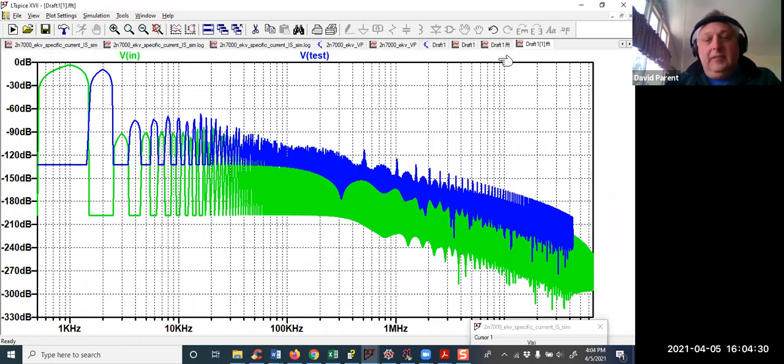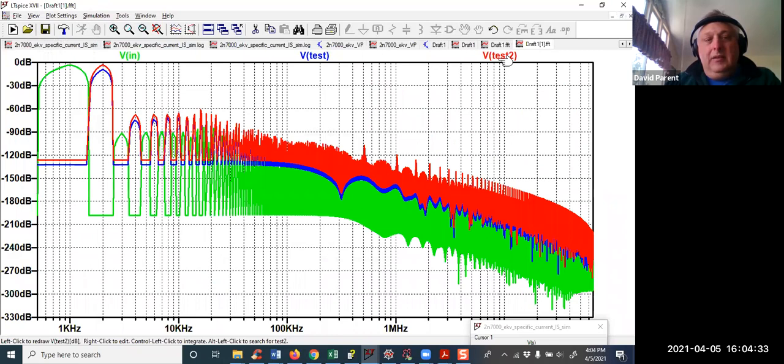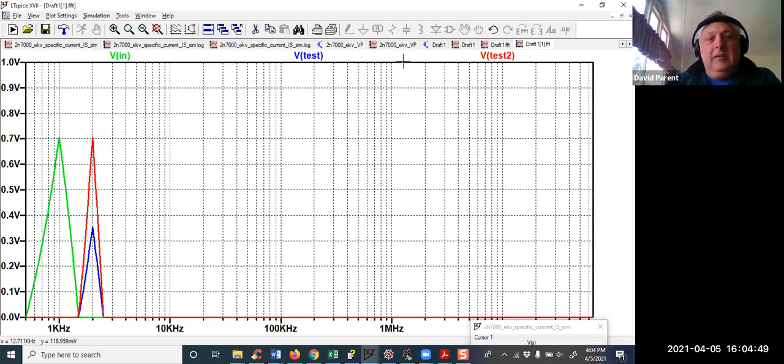Now V test, right, is really just V test 2 is just V test times 2, right? And you can see that the harmonics are lining up, and that there's just one that is just bigger than the other, right?